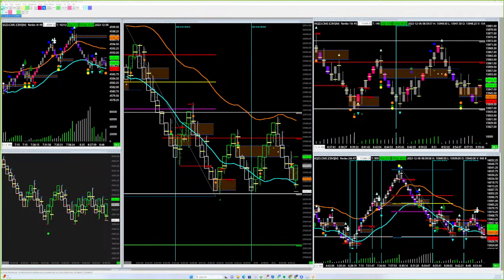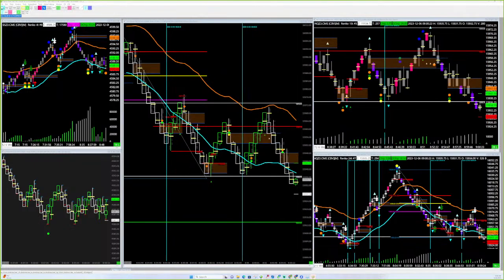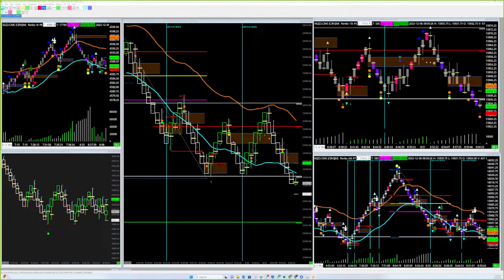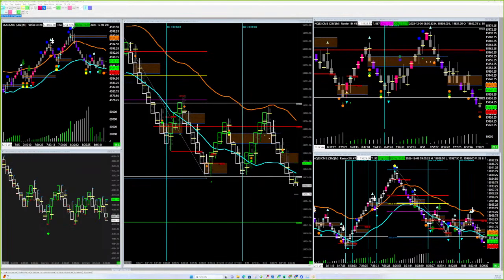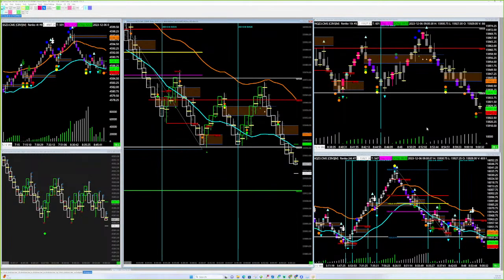Didn't get it. Looking for it. Might get it on the 24. No dice. Looking for an apex trap now, over here to the left. No love. They're coming back to test the... Looks like they're trying for the 13.